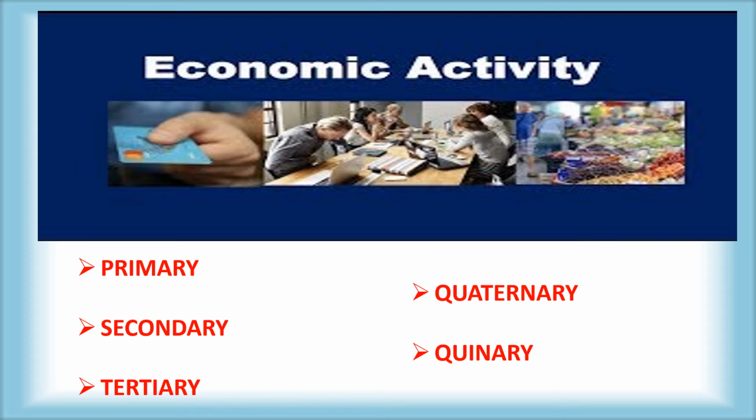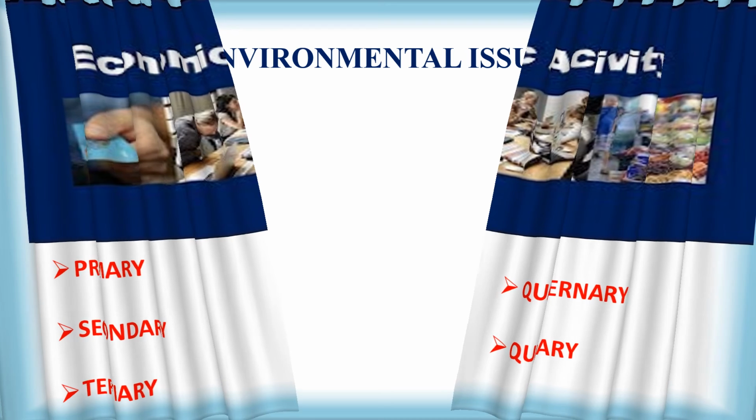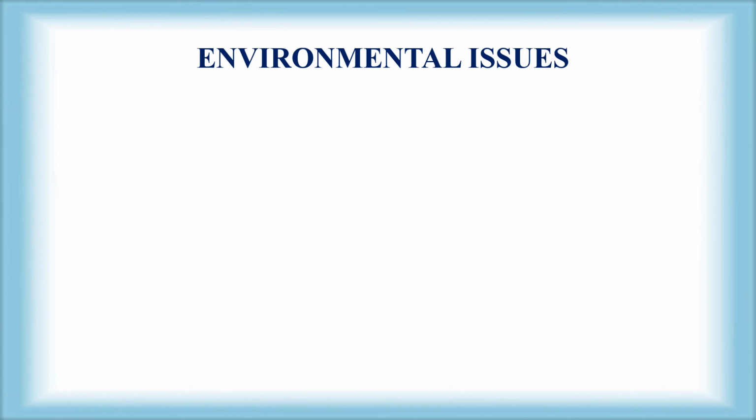Next, environmental issues. The environment provides air, water, food, and land for all living organisms. But human beings degrade the environment through rapid industrialization. Some of the environmental issues are deforestation.